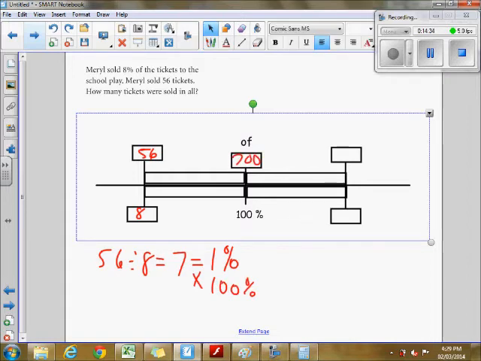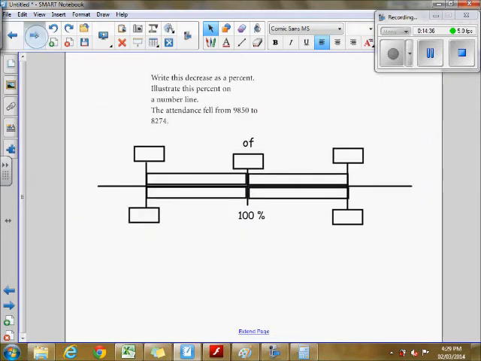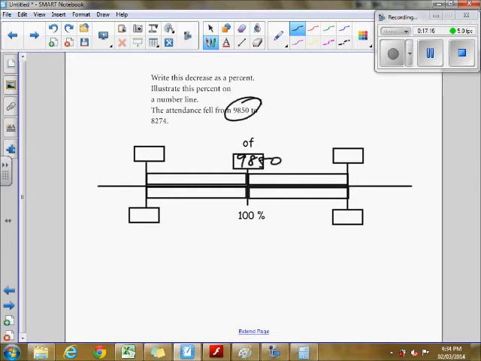Okay, next question. Now you see this question needs to be approached a little bit differently. First of all, there is no of. Our of represents our original number. So our original number here is 9,850. Our reduced number is 8,274.